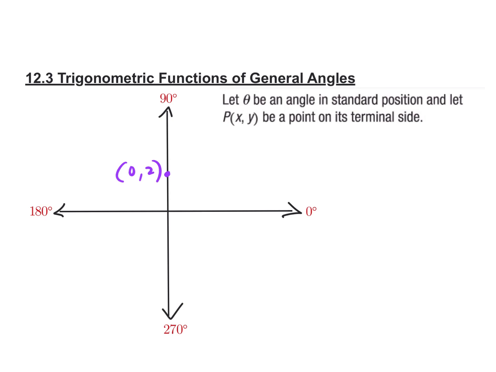I can't make a triangle out of it though, because the radius and the y are the same thing. So you couldn't do the whole opposite adjacent thing anyway. It wouldn't work. You can't make a triangle out of this because here's my y and here's my r. They're the same thing. It doesn't work, which is why I've abandoned teaching it that way at all.